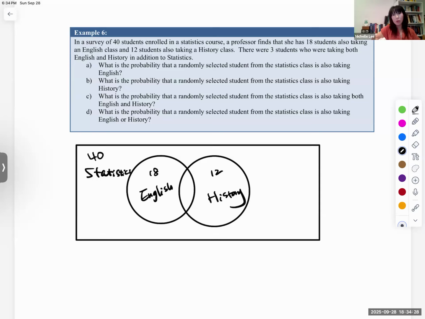I wanted to make a different color, but it's too late. Then there were 3 students taking both. So 3. Then 18 minus 3, what do you get? It's 15 there. And then 12 minus 3, it's 9 there.